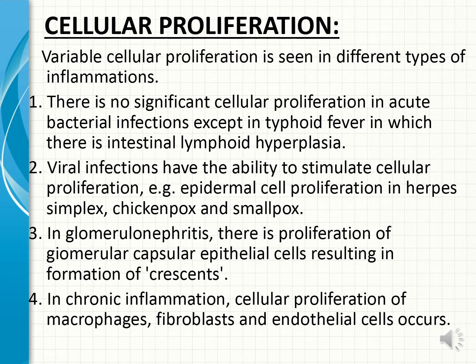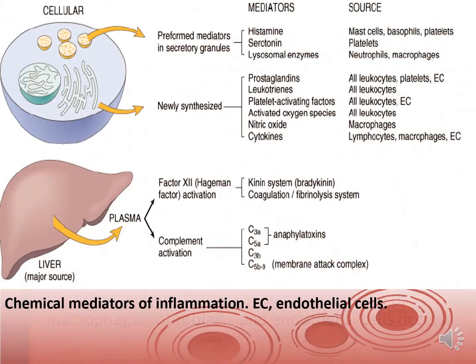In glomerulonephritis, there is proliferation of glomerular capsular epithelial cells resulting in formation of so-called crescents. In chronic inflammation, we'll study chronic inflammation a bit later, but in chronic inflammation, cellular proliferation of macrophages, fibroblasts, and endothelial cells occurs.